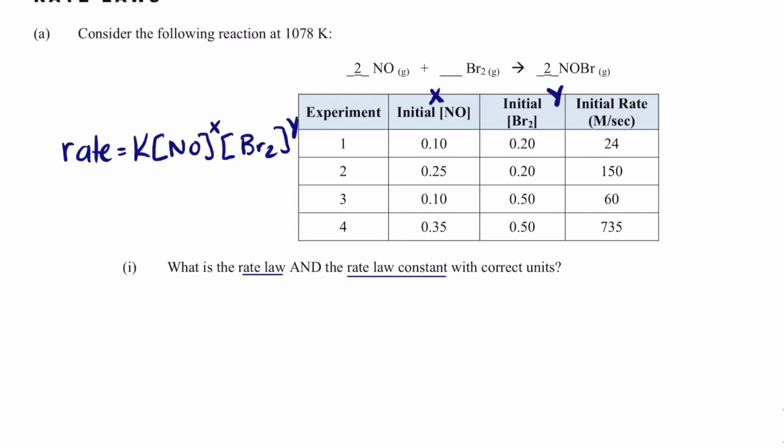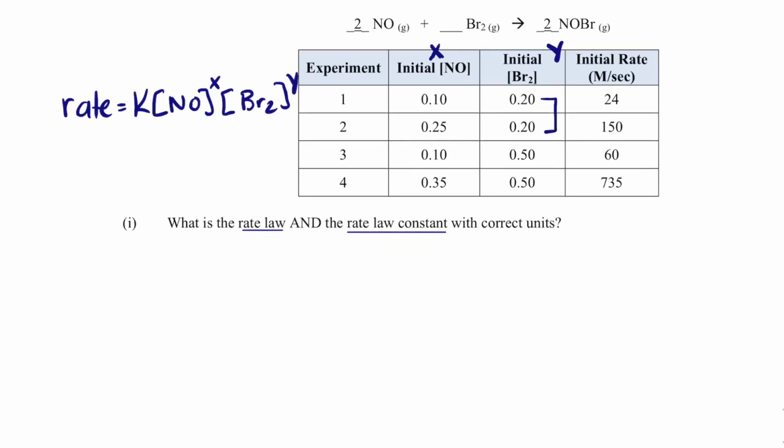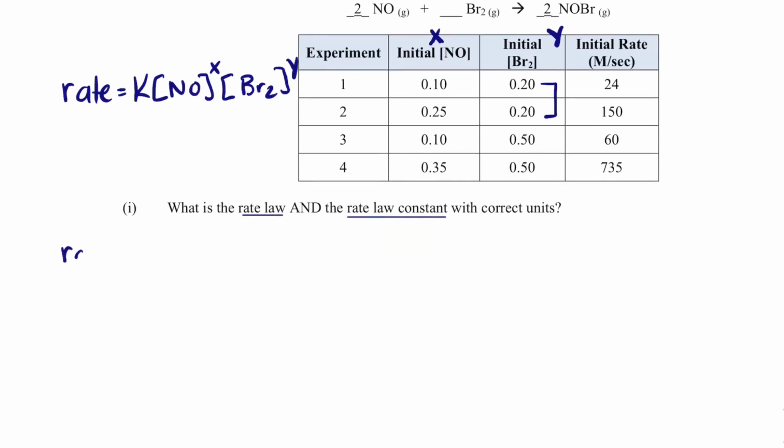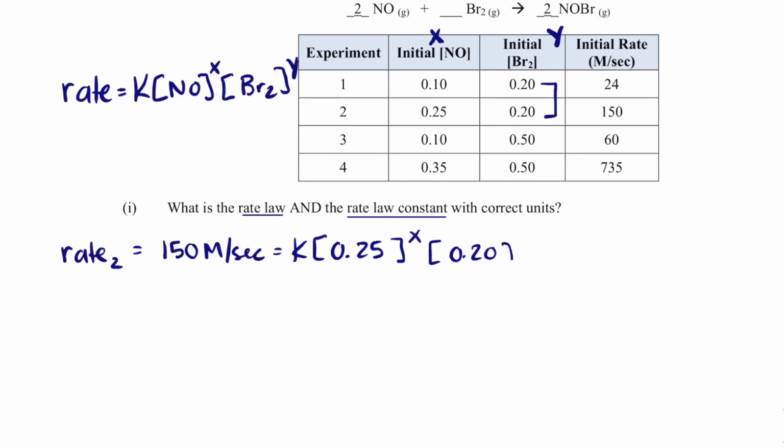If I want to solve for X, I need Y to drop out. I see in experiments 1 and 2, I can get Y to drop out. I'm going to choose experiment 2 as my numerator because it has a larger rate. That's 150 molarity per second, which equals K, 0.25 to the X power, 0.20 to the Y power.